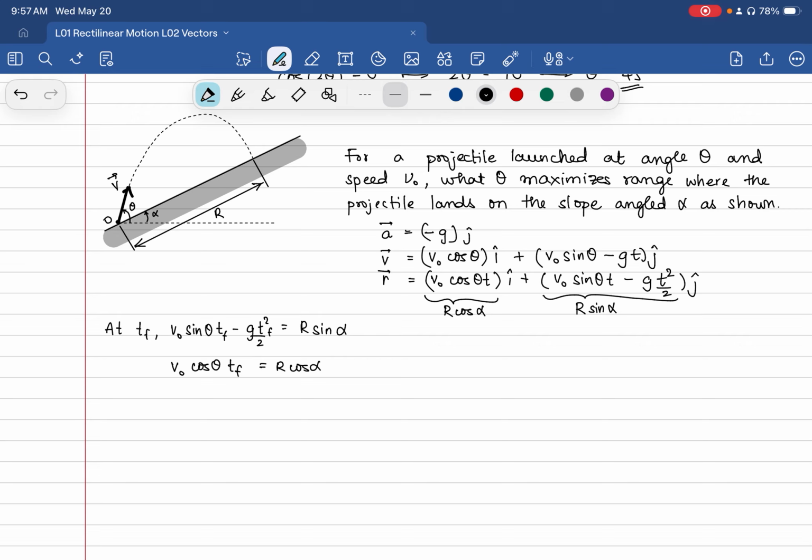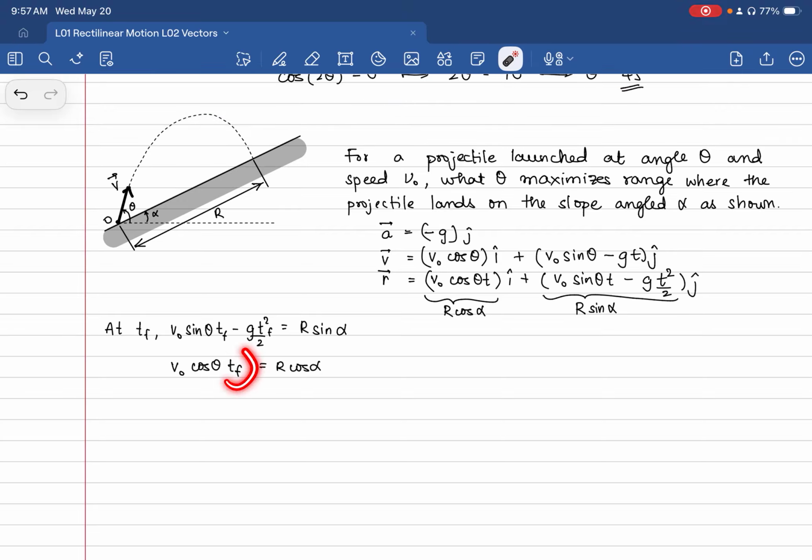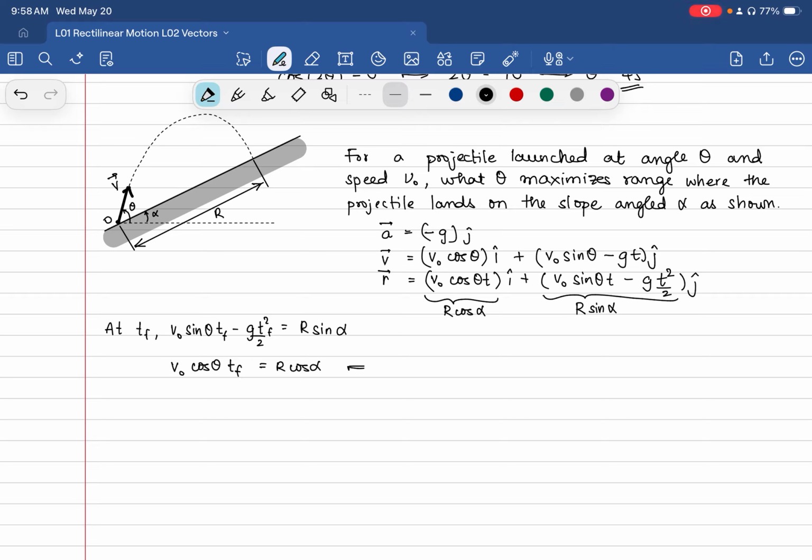So can you now simplify and find out what is r? I think it's easier to substitute tf from this into this. So tf is equal to r cos alpha by cos theta divided by v naught.